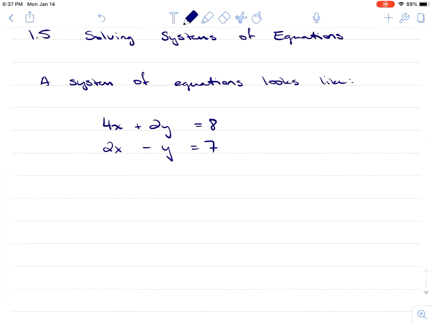An equation is anything with an equal sign in it, and here we have two equations making a system. What we're saying is we have to find an x and a y that makes both of these true. Then we've solved the system of equations.